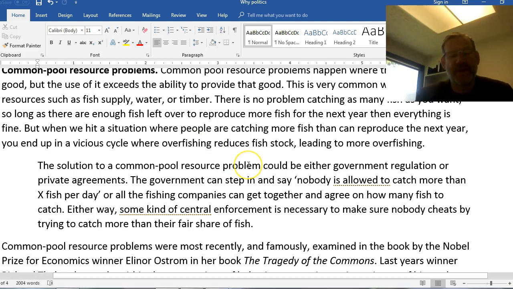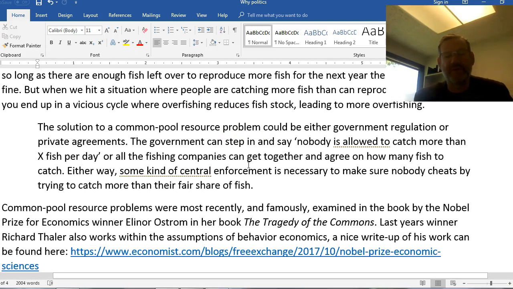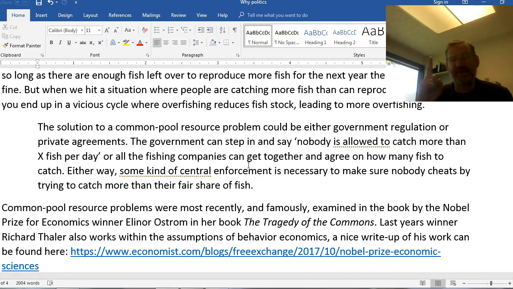Okay? The solution to common pool resource problems could be either government regulation or private agreements. The government can step in and say, nobody's allowed to catch more than X fish per day. You can do that. If you buy a fishing license, you have a limit on how many fish you can catch per day. Or all the fishing companies can get together and agree on how many fish to catch.